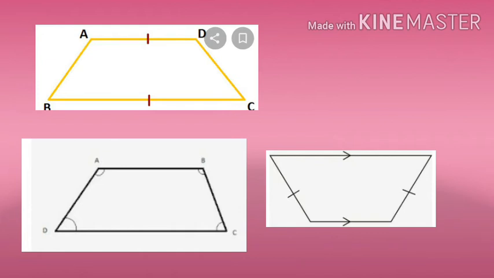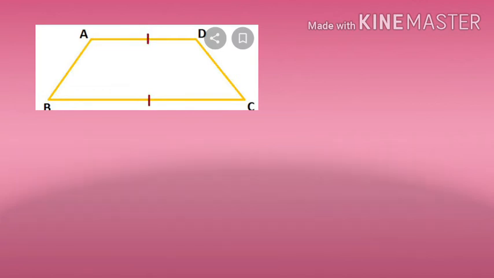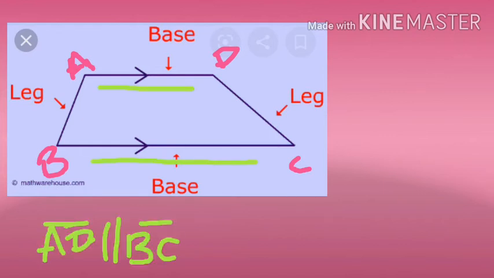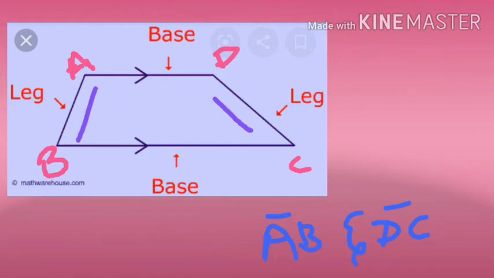The arrow marks indicate parallel sides, and the parallel sides are called bases and the non-parallel sides are called legs. In this figure, the bases are AD parallel to BC, and the non-parallel sides, that means legs, are AB and CD. Here these two are not equal and non-parallel.